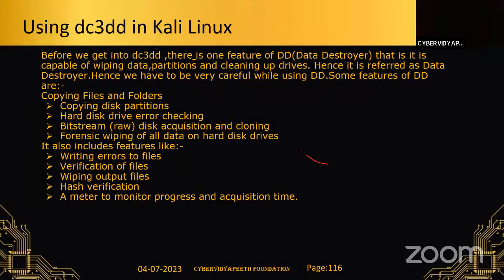One good thing about the dc3dd command is that it has forensic wiping of all data on hard disk drives, and it basically replaces everything with zeros. That doesn't mean that you cannot retrieve the data in extreme forensic conditions. You can retrieve the data even if you have wiped it out with zeros.